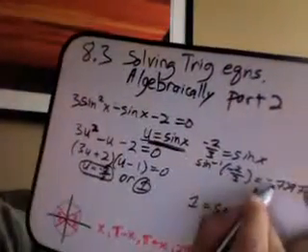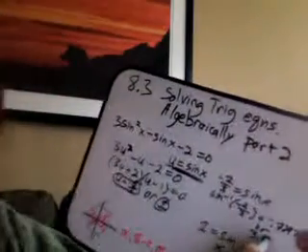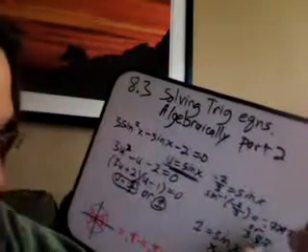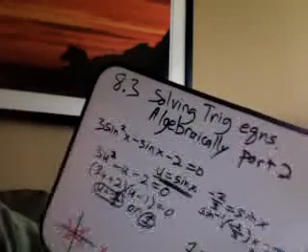Okay, pi plus 0.7297, which is 3.8713. And we could add 2 pi n to all of these guys.